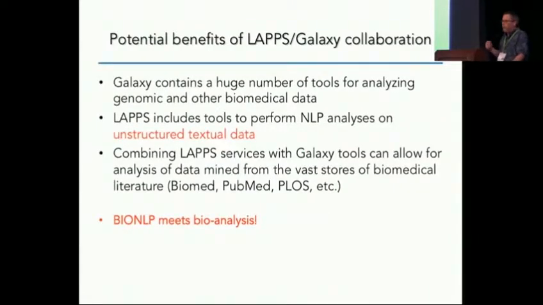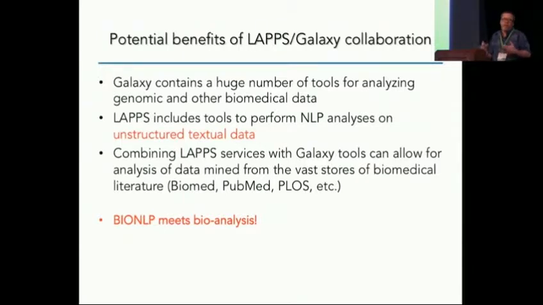Now, we would like to actually provide some feedback, or some payback, to the Galaxy community and the genomics bio community. Galaxy contains a large number of tools for analyzing data, and we have a large number of tools for extracting and processing unstructured text.